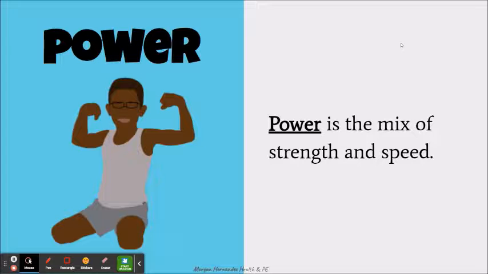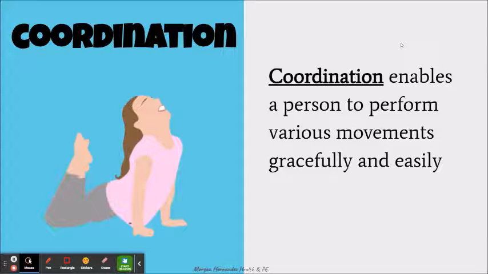The other skill related fitness component is called power. Power is the mix of strength and speed. I'm also going to give you examples of power in different types of sports. The other skill related fitness component is called coordination. Coordination enables a person to perform various movements gracefully and easily.